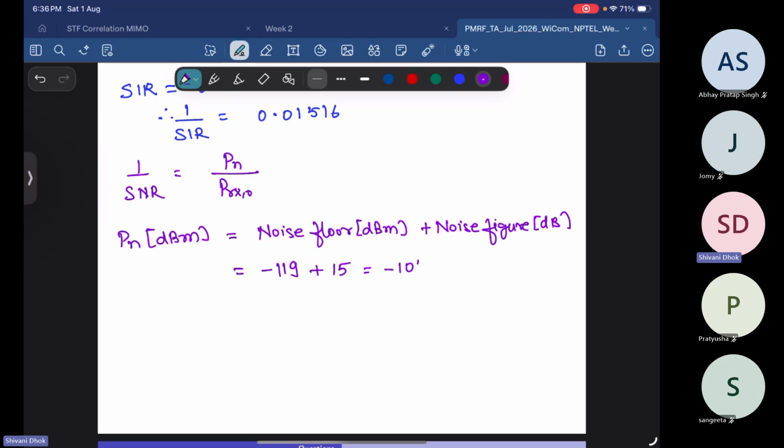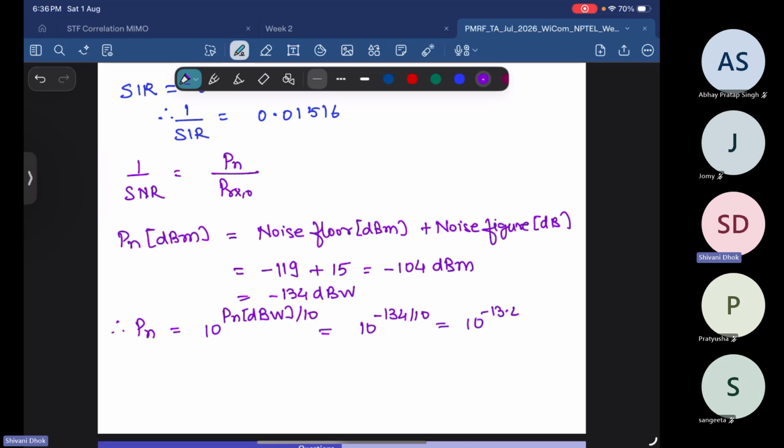So this is minus 104 dBm, or when you want to convert from dBm to dBW, you subtract 30. So this is minus 134 dBW. So therefore your noise power in linear scale is 10 to the power Pn in dBW divided by 10, 10 to the power minus 134 divided by 10, or 10 to the power minus 13.4. So this is the first thing that we have.